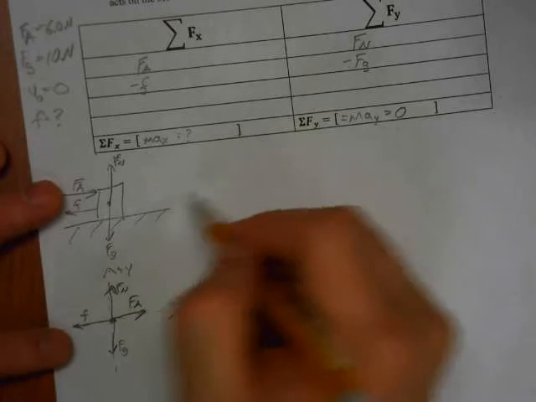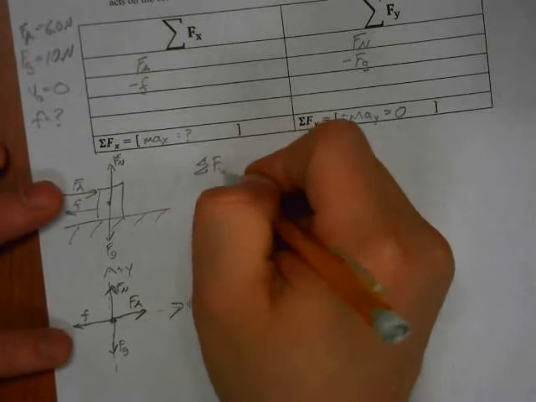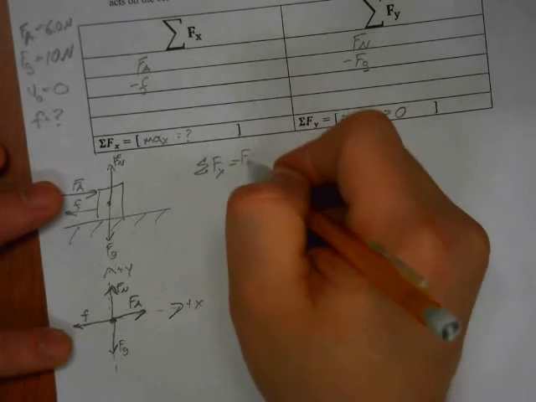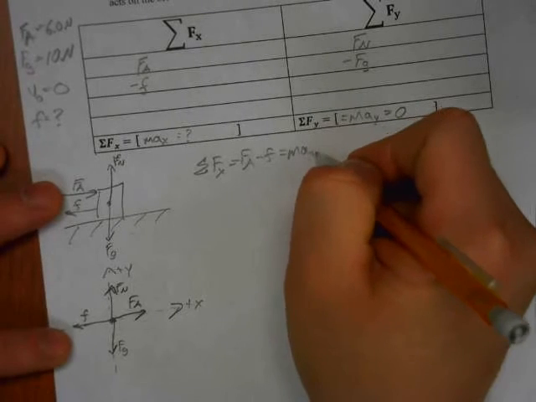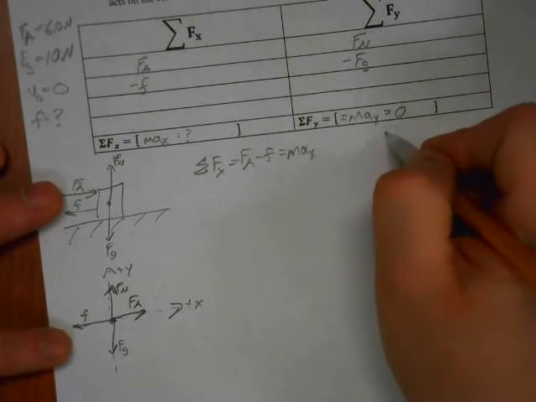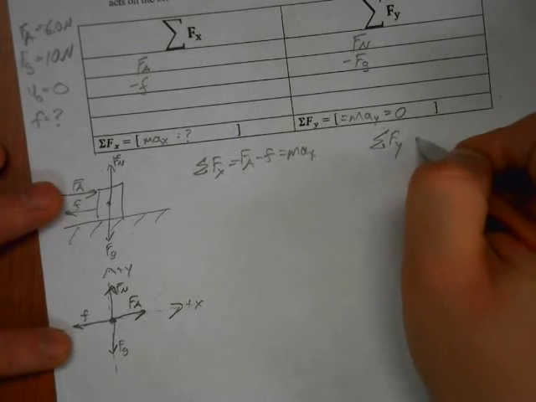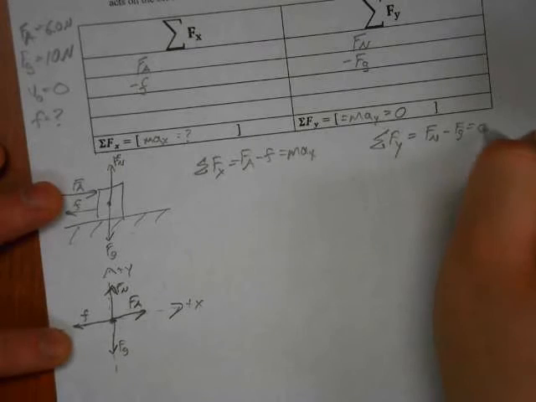There's only possible movement in the x dimension. So summing up our forces in the x direction, Fa minus the force of friction equals max, and this is true, we just don't know if acceleration equals 0 yet. And Fy equals Fn minus Fg equals 0.